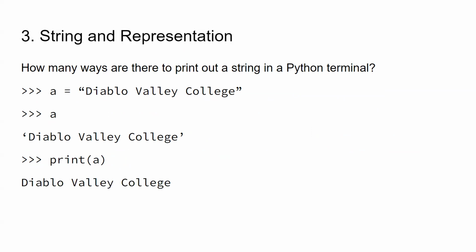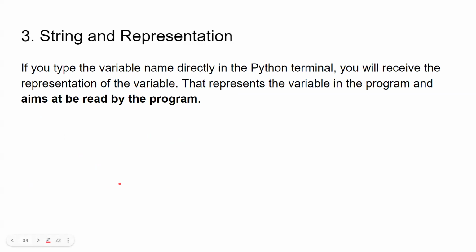So why are they different? For the variable typed directly into the Python terminal, you will receive the representation of this variable inside the program, and it's aimed to be read by the program.